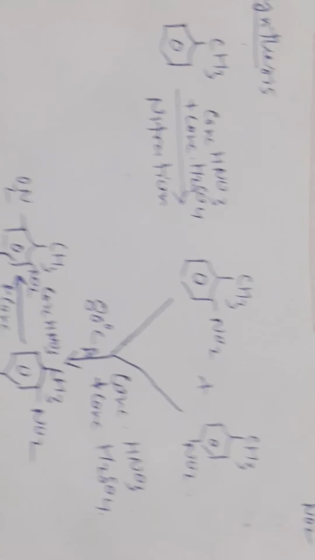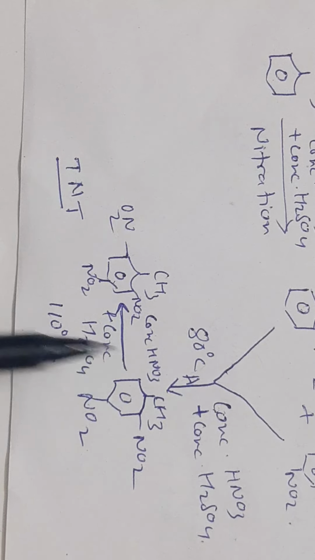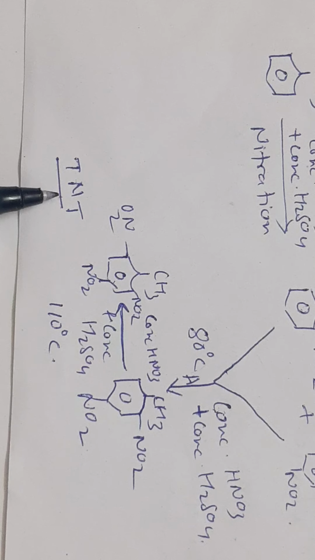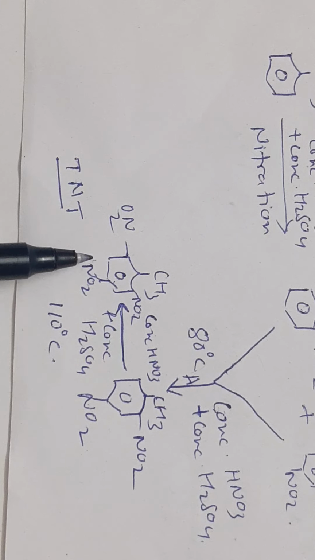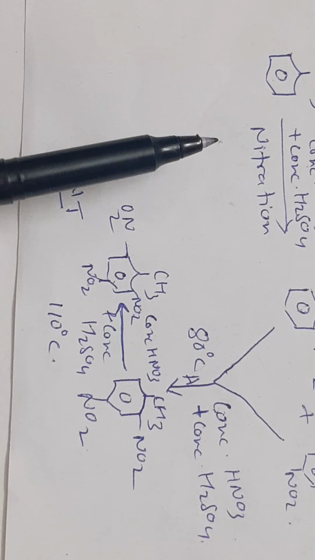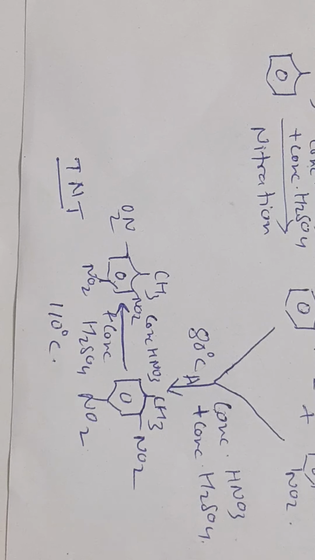This 2,4-dinitrotoluene on further nitration with concentrated nitric acid and concentrated sulfuric acid at 110 degrees centigrade gives 2,4,6-trinitrotoluene, that is, TNT is obtained. So the nitration of toluene finally gives the TNT.